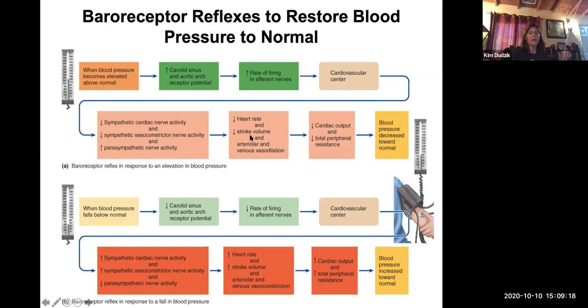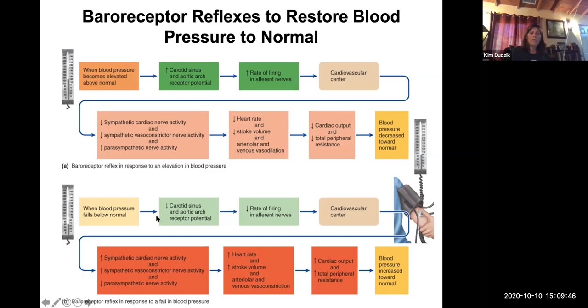That's parasympathetic. We do that by decreasing the stroke volume, right? We vasodilate the arterioles, and especially if it's really high, the venous vasodilation. All of those things lower pressure, right? They do that by lowering cardiac output, lowering the total peripheral resistance. Your response is your blood pressure decreased.